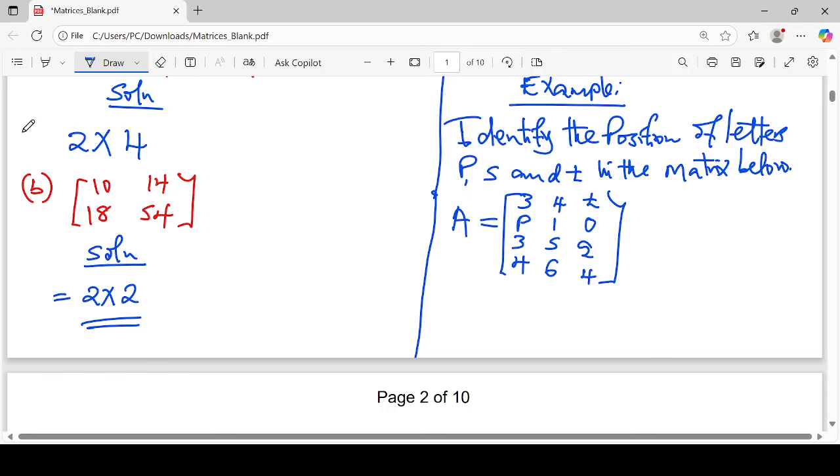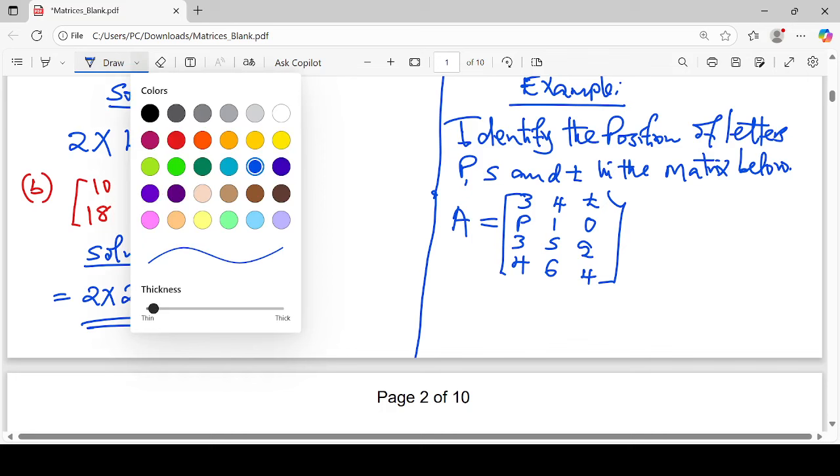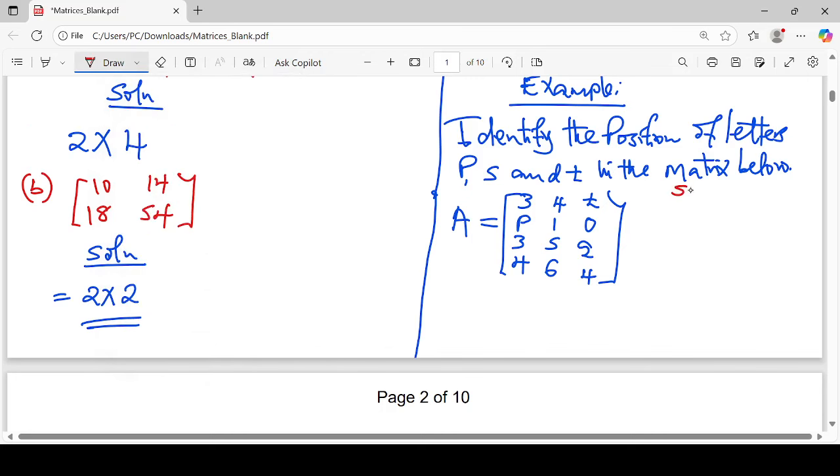So learners, this is what we are going to do. Under our solution once again, I want you to be very keen. I want to identify the position of element P in a matrix. What is my matrix? My matrix is called matrix A. I'm going to represent it using a small letter a.